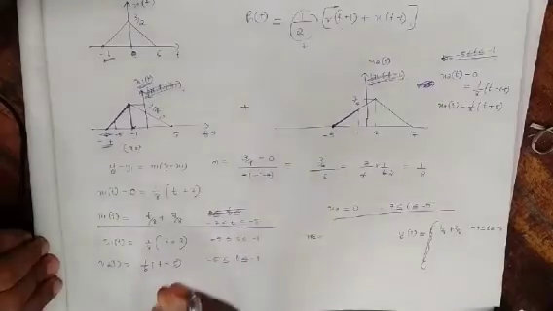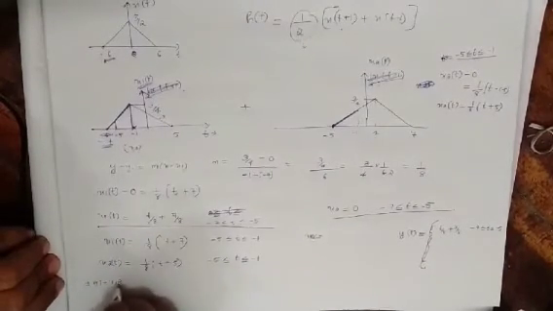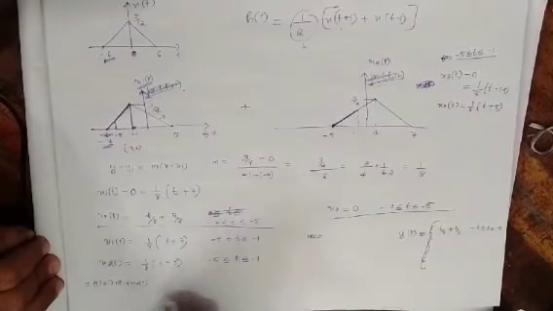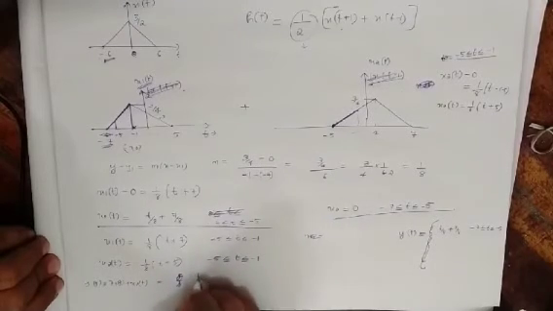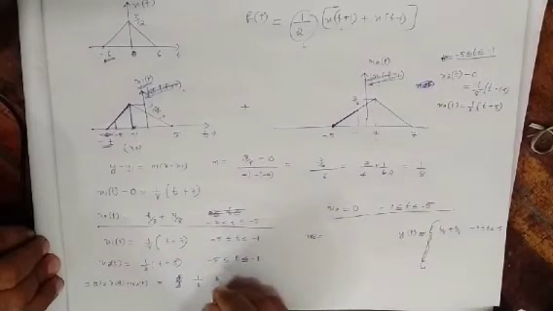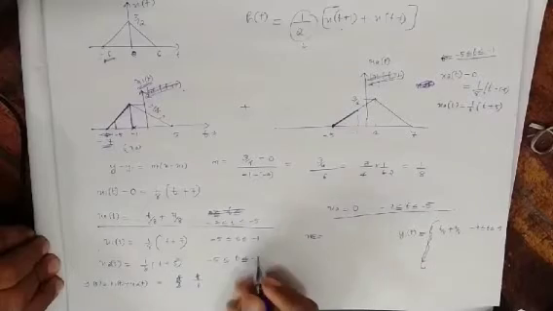Is that clear? So the actual y of t is equal to x1 of t plus x2 of t. So that will be 1 by 8, we are going to add these two, open the bracket and add.